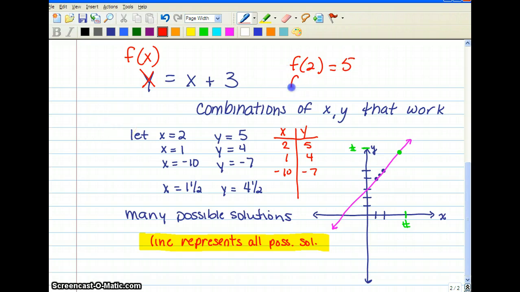If I put 1 in, what comes out? 4. So all of these things are doing the exact same thing. They're finding a few of the points on this line. Once I have a few of the points, I just graph the line. Now I have a representation of all of the points on the line that make this true. And that's the reason that we graph lines.